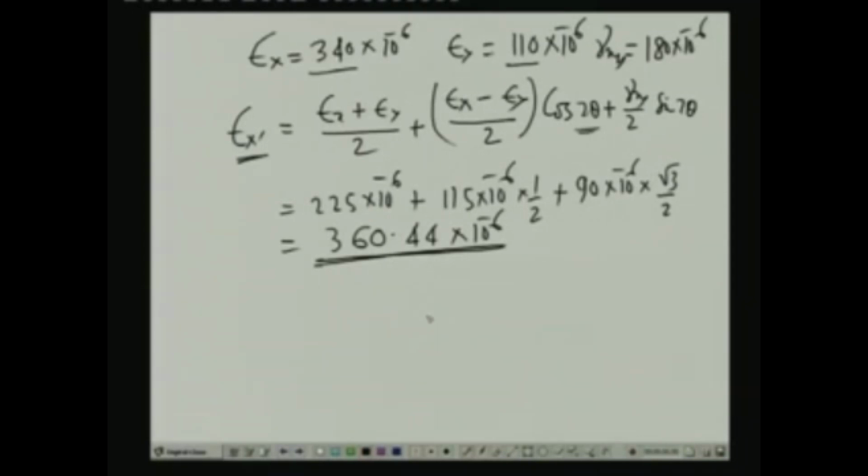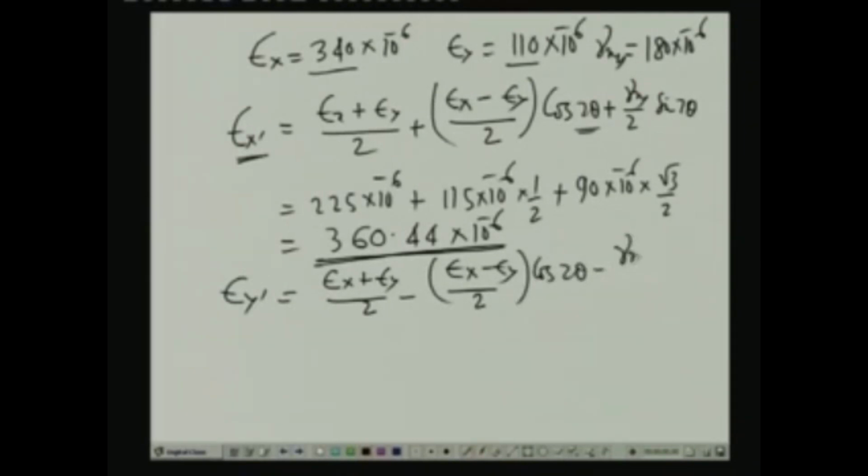Now, correspondingly epsilon y dash is equals to epsilon x plus epsilon y by 2 minus epsilon x minus epsilon y by 2 cos 2 theta minus gamma xy by 2 sin 2 theta, and if we substitute these values, this will come as 89.36 into 10 to the power minus 6.